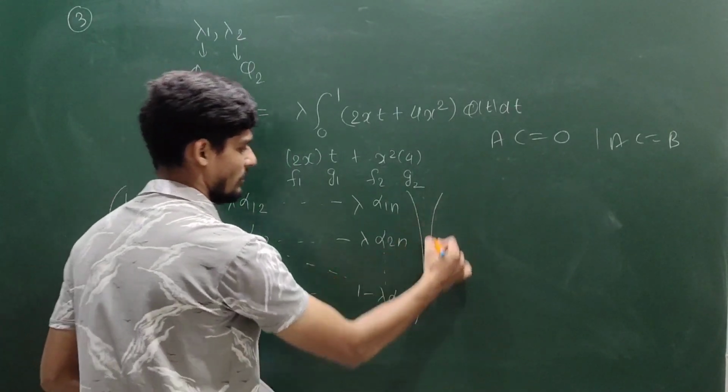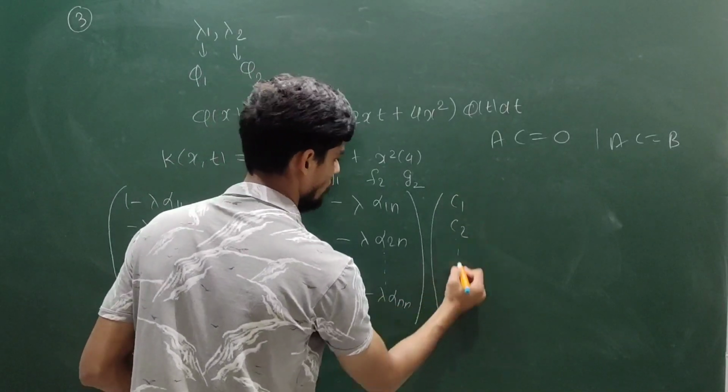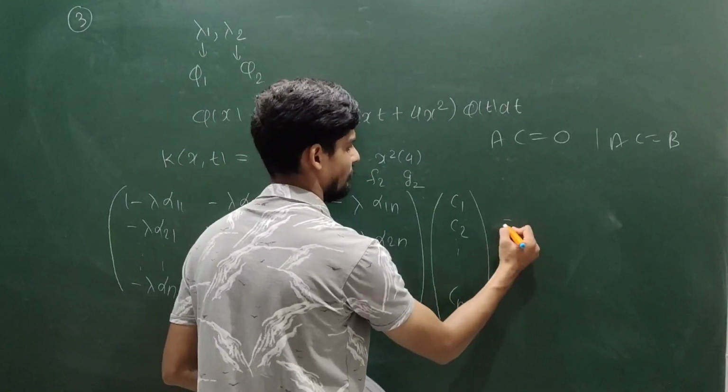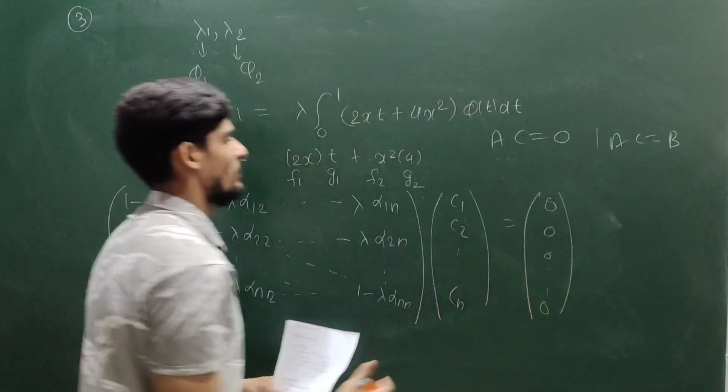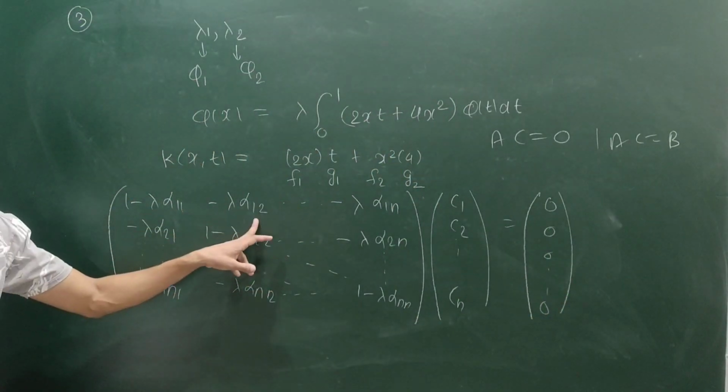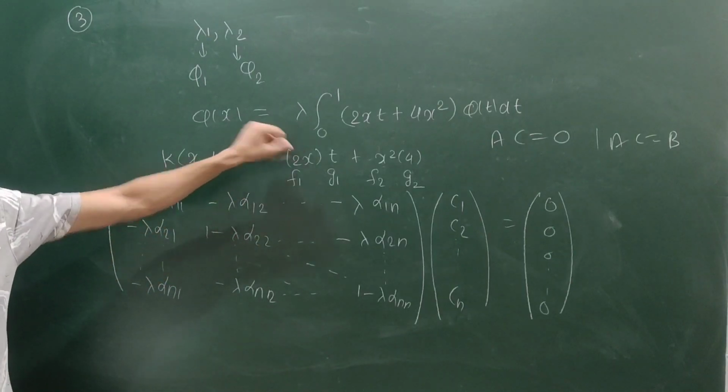So this is your A matrix, your C1, C2, Cn, equal to 0, 0, 0. Now what are the Ci's and what are the alpha ij's? We know lambda from here.